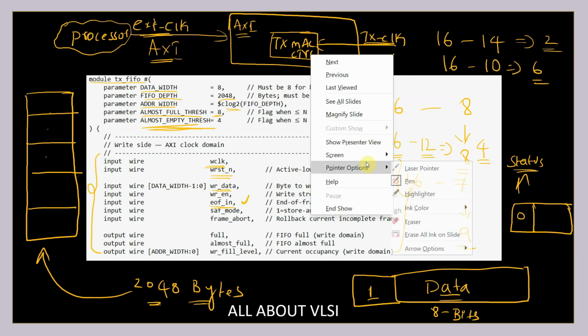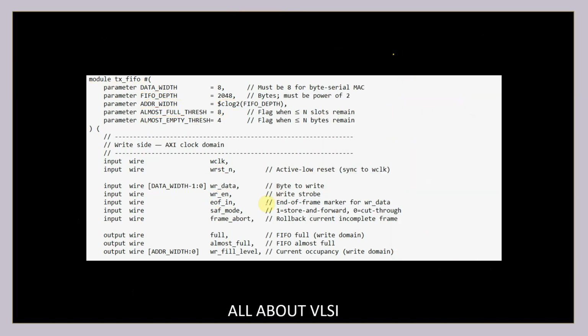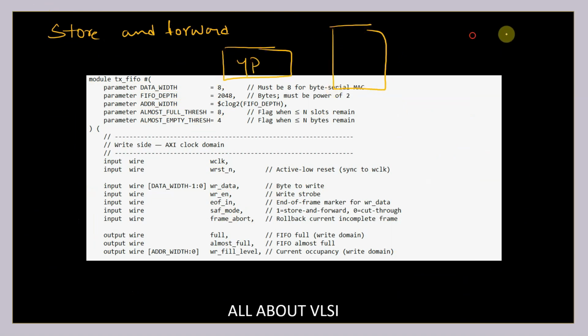And I have something known as SAF_mode. Now, what do I mean by this SAF_mode? SAF basically stands for store and forward. What do I mean by store and forward? Let's try to understand. Let's say this is my processor, this is my FIFO, and this is the controller.